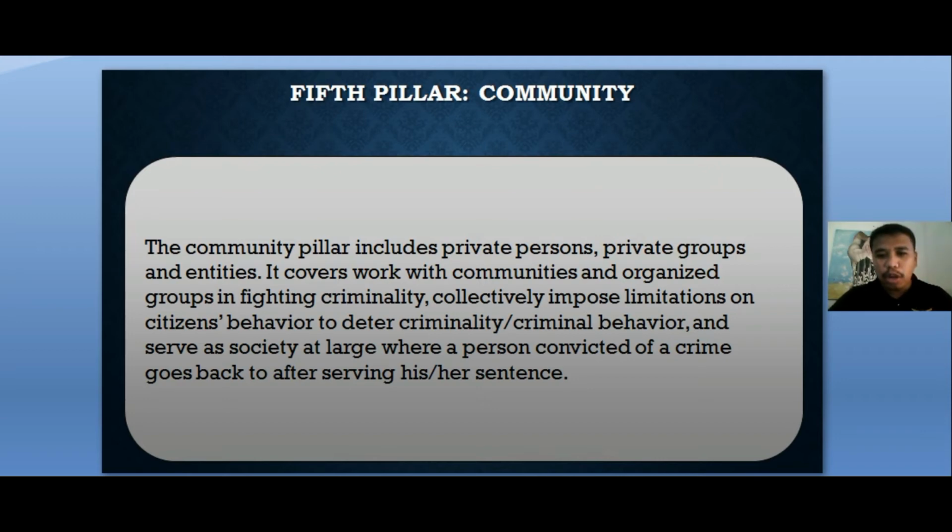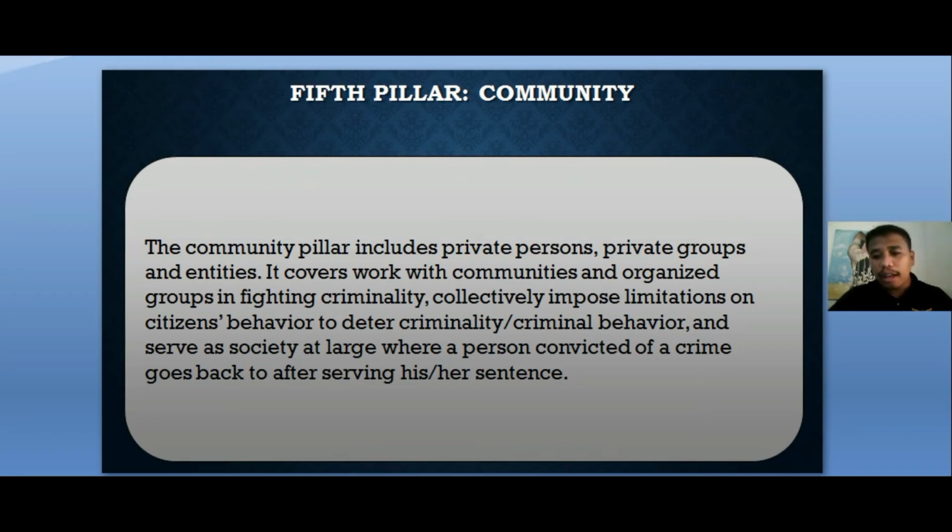So in the community, there are the private persons, private groups, and entities. So the private groups, the private persons, and private entities also have the responsibility in terms of crime prevention or crime suppression.